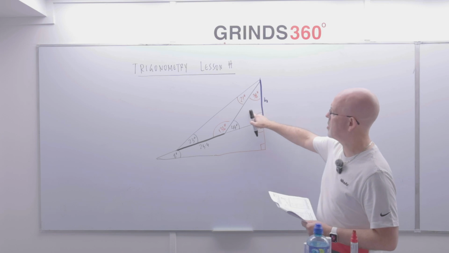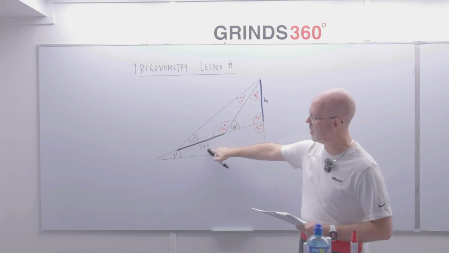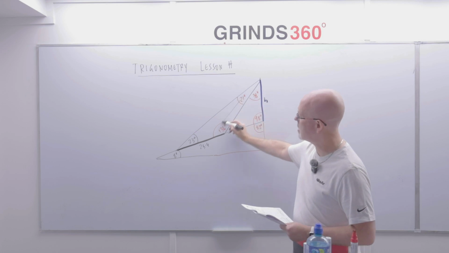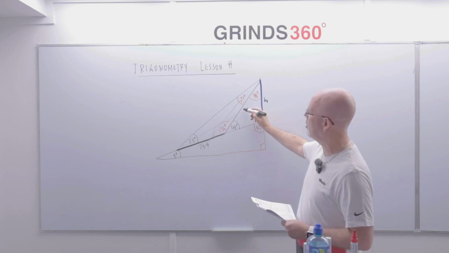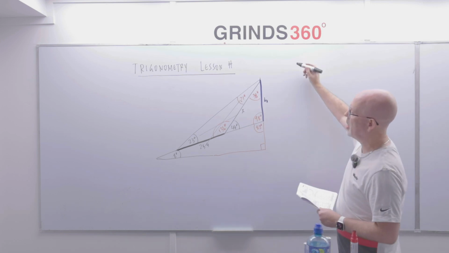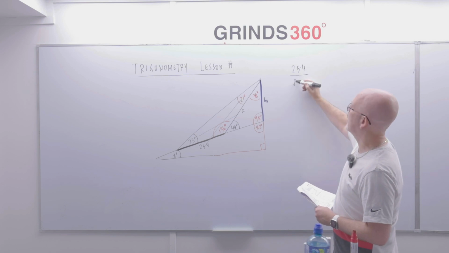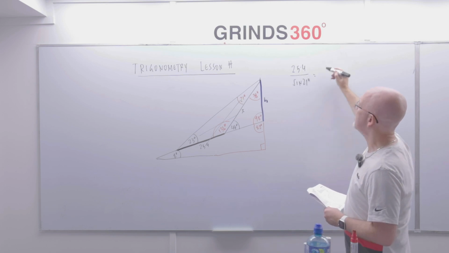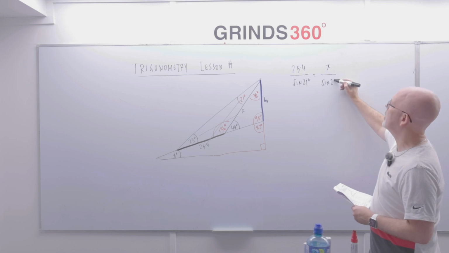I can't solve this triangle directly because I don't know any of its sides, but this one here I can because I know this side here, so I can use my sine rule. There's a pairing there, and there's a pairing. I'll use the sine rule to find this side here, x, first. So what you get there is 25.4 over sine 21 degrees is equal to x over sine 23 degrees.